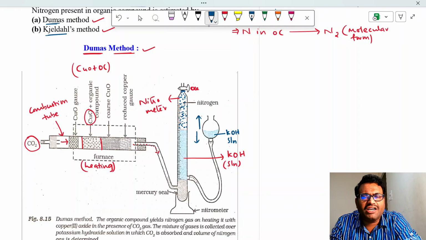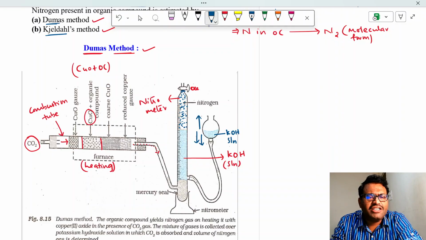So the air present in this apparatus is pushed out by opening the valve. After filling the KOH solution up to the surface, you have to close the valve. Now again you bring this flask down. When you move down, some vacuum is created over the KOH solution, where the nitrogen will collect.